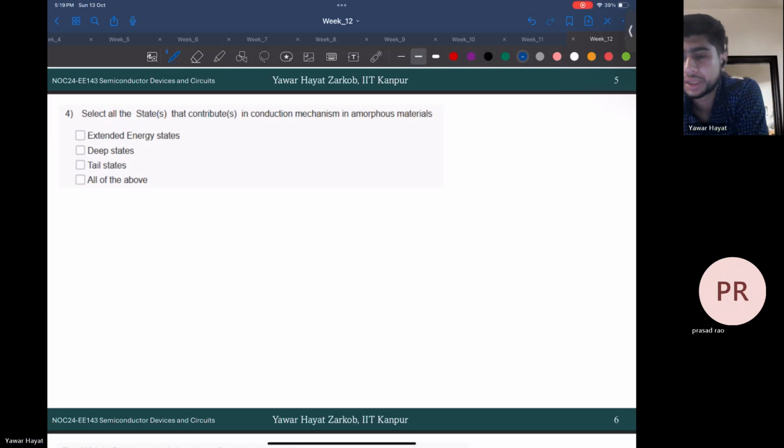If someone is typing, extended energy states and the tail states.